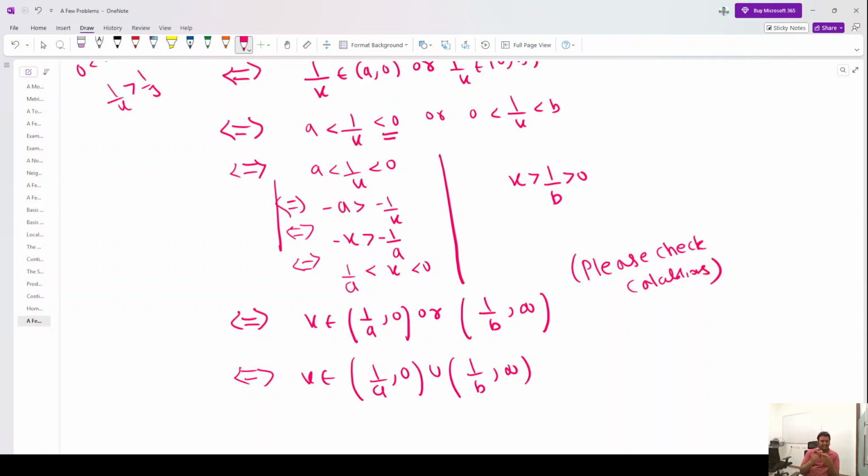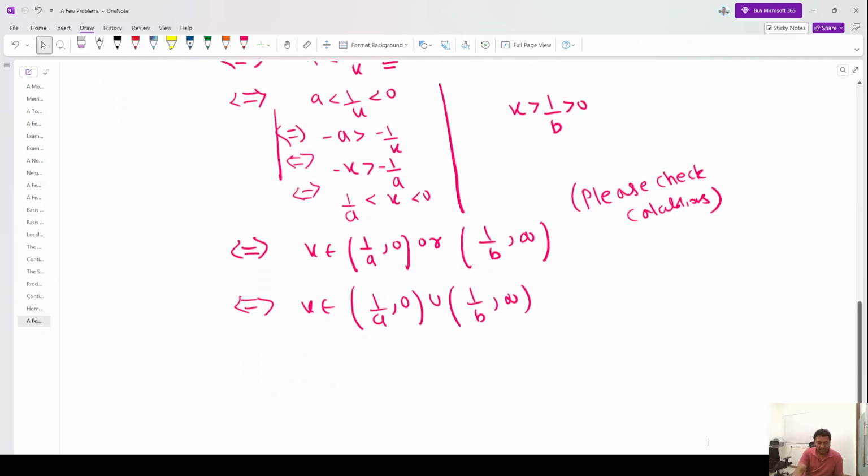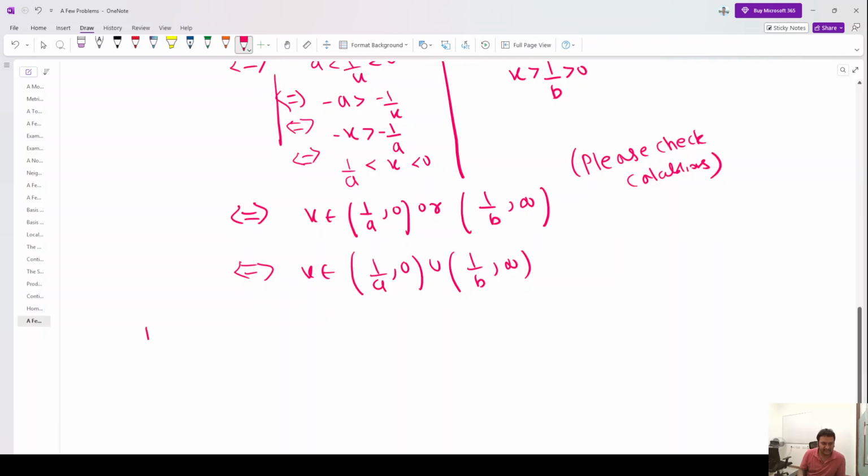It's good if there is a mistake; you should point it out. So what we are getting is that this f inverse of U is nothing but (1 upon a, 0). If there's a sign mistake, I'm again saying, please check it in this one.